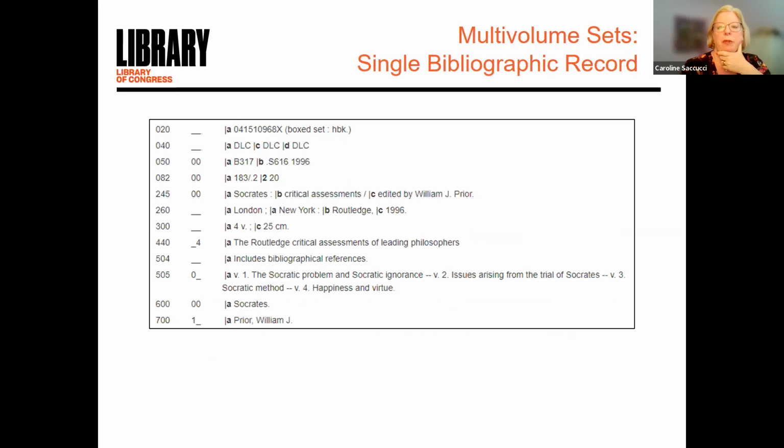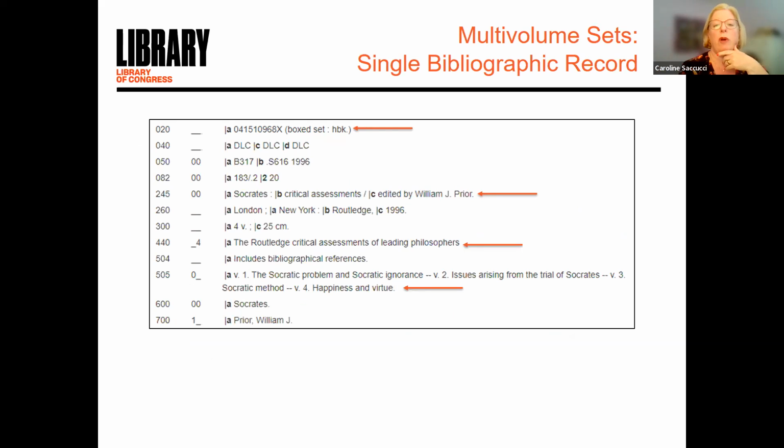So here's an example of a single bibliographic record that is representing one multi-volume set. This is the title, and 245 is our field for title. So Socrates: Critical Assessments. And that is the title, which happens to be in a series called the Routledge Critical Assessments of Leading Philosophers. And it has 4 complete volumes, and there they are listed.